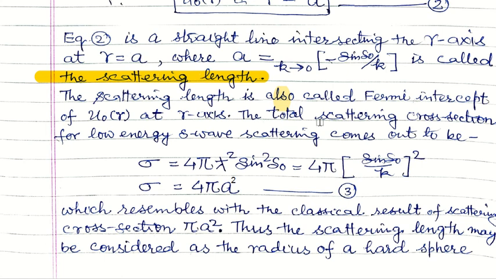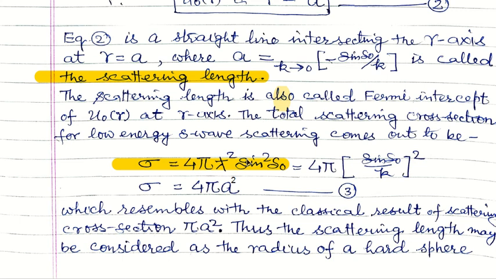The total scattering cross section for low energy S wave scattering comes out to be this expression we have discussed earlier. The total scattering cross section, sigma is equal to 4 pi lambda cross square sine square delta 0. In place of lambda cross square we can write 1 upon k square.